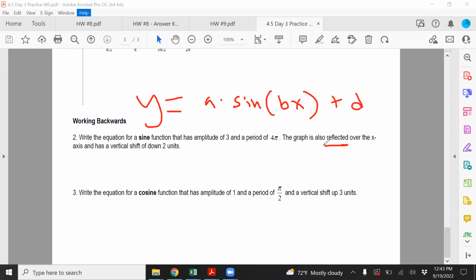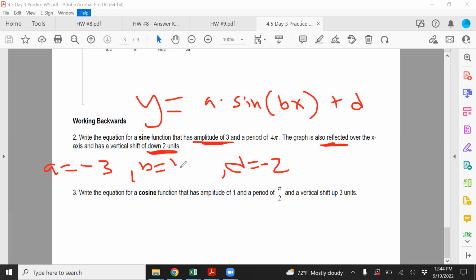So if it's reflected and the amplitude is 3, what do you guys think A is going to equal? If the amplitude is 3 but it's reflected. Good, -3. Okay, vertical shift down 2, so the D value is -2. We're 2/3 of the way there. Does that make sense? Because you said shift down, right? Yes, good.